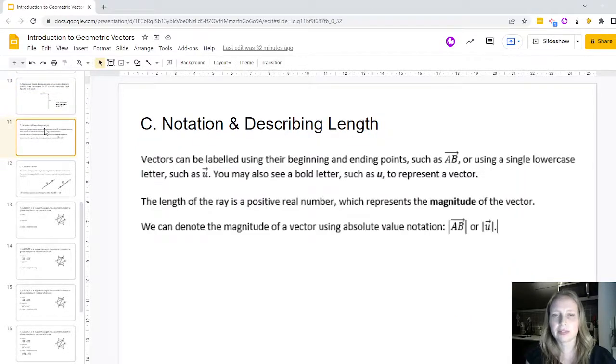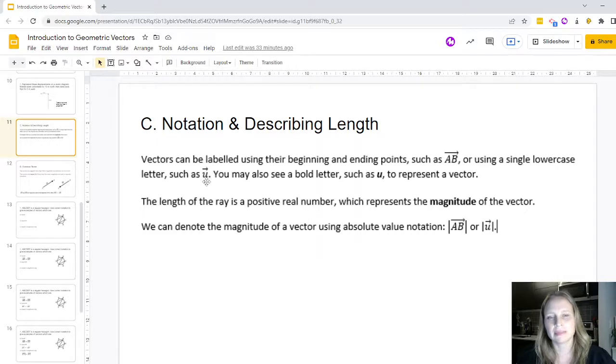Okay, so now some more notation. We already have the notation to describe a vector, we'll formalize it here. They can be labeled from their beginning and ending points, for example, AB with an arrow over top, or you will also just see a single lowercase letter such as u, so the vector u.